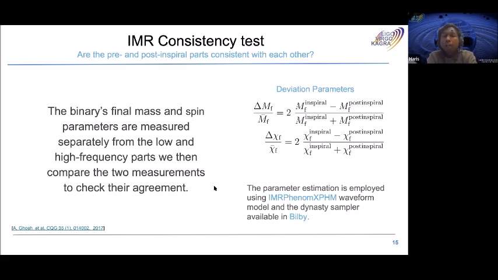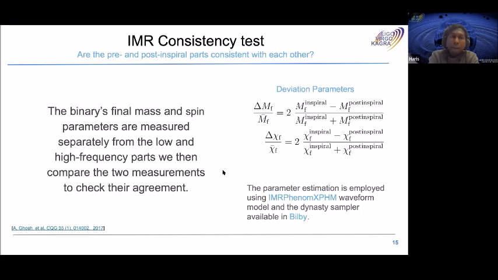For this, we define two deviation parameters as given in the equation, and then we check how the posteriors of these deviation parameters look, or whether they are consistent with 0. For this analysis, we have used the IMRPhenom XPHM waveform, and the parameter estimation is performed using the Bilby pipeline with the dynesty sampler.